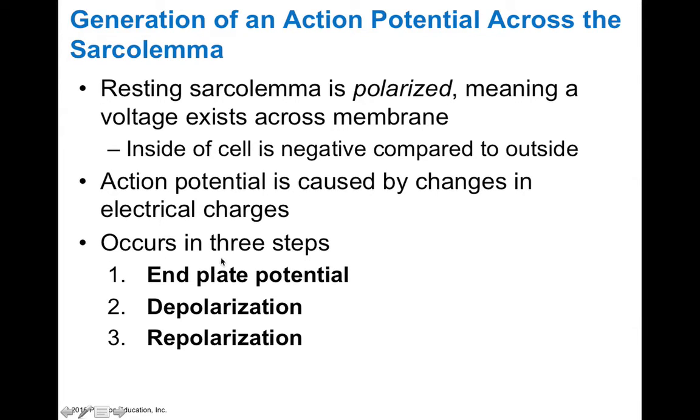So it turns out that the generation of an electrical current in the muscle cell occurs in 3 steps here. We have the end plate potential, which occurs at the neuromuscular junction, and it's due to the current flowing through those ligand-gated ion channels, or acetylcholine channels or receptors. And then steps 2 and 3 are parts of the action potential. We have depolarization and repolarization.